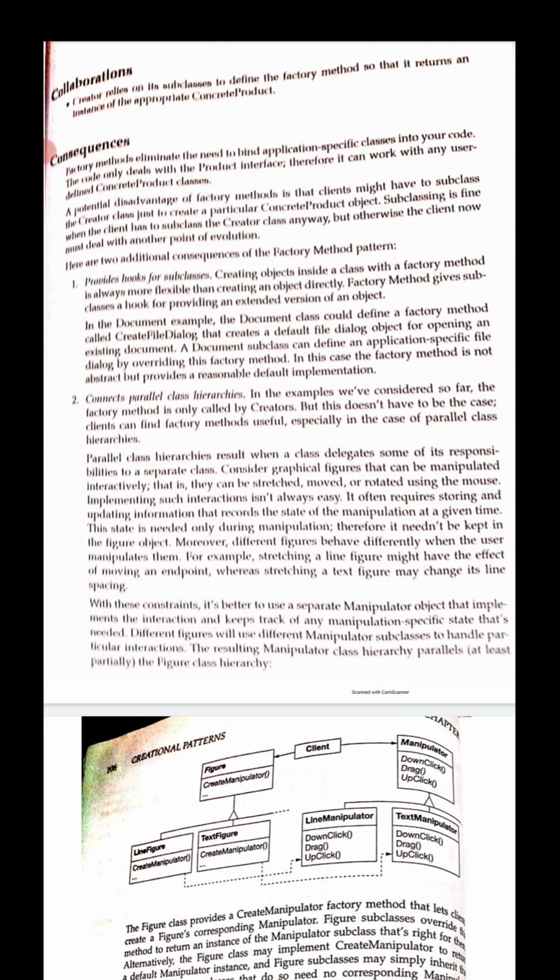Parallel class hierarchies result when a class delegates some of its responsibilities to a separate class. Consider graphical figures that can be handled interactively: they can be stretched, moved, or rotated using the mouse.